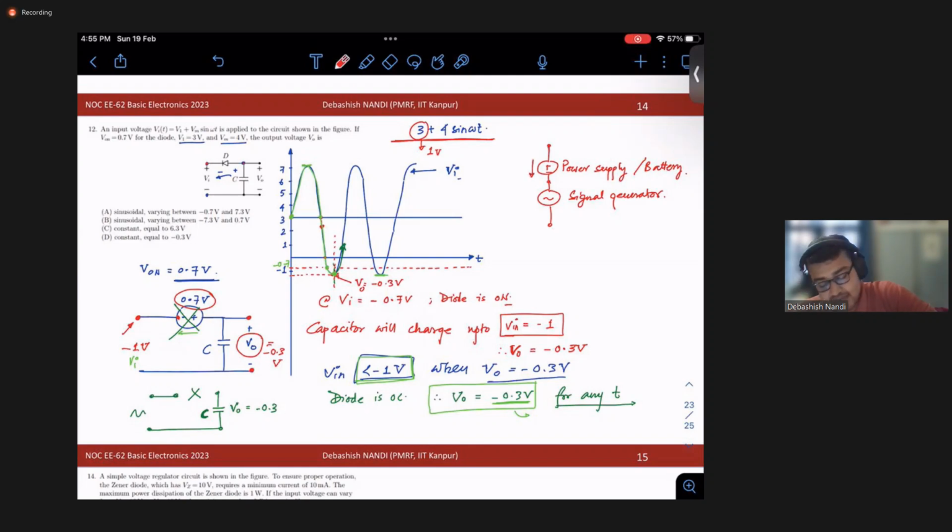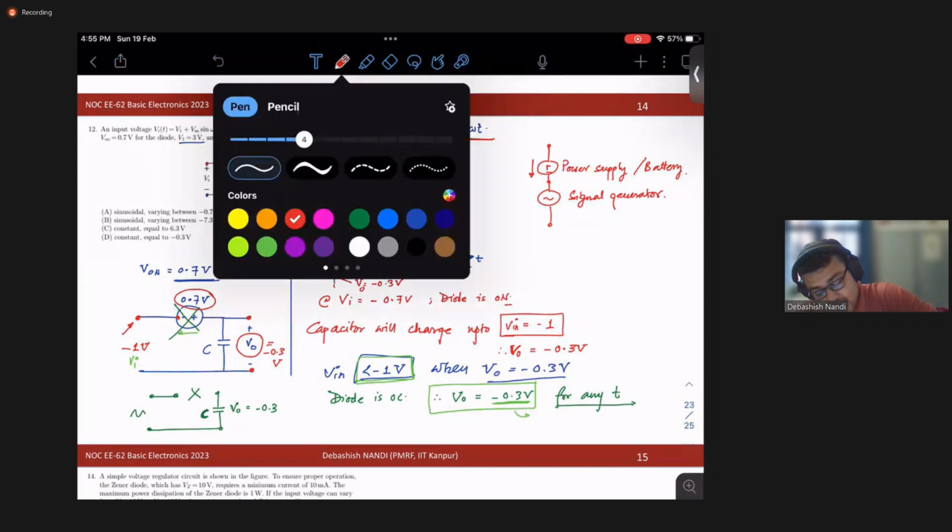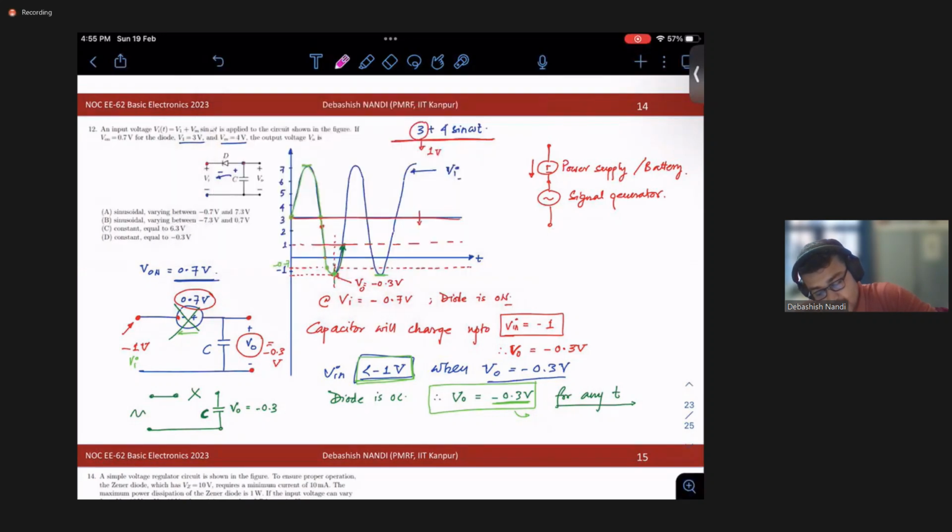This DC level coming down means my sinusoidal, suppose it is 1 volt, then my DC level is here, and my signal will be maximum 5 minus 0.3.